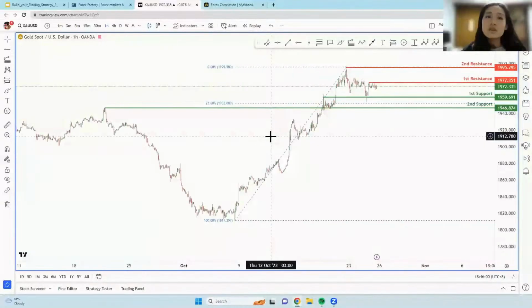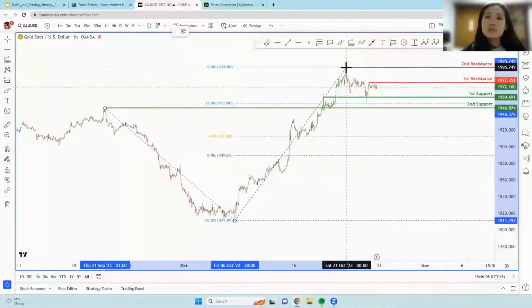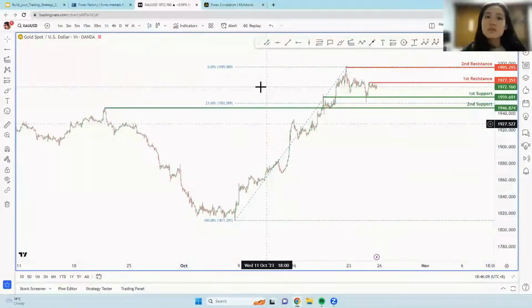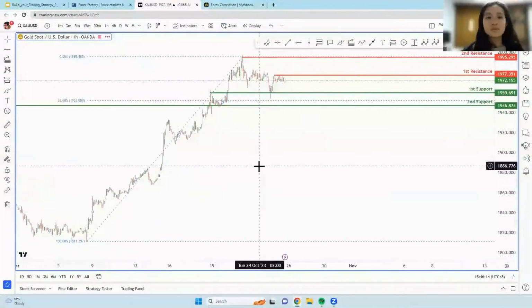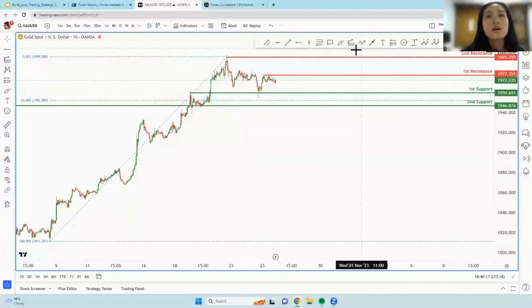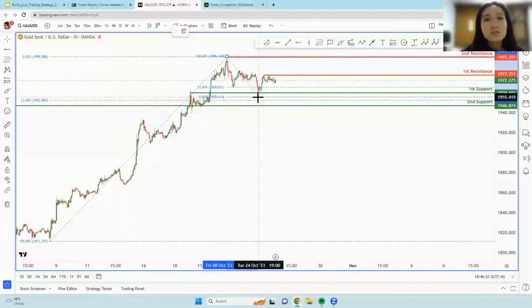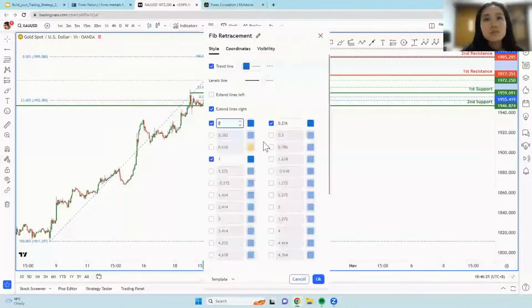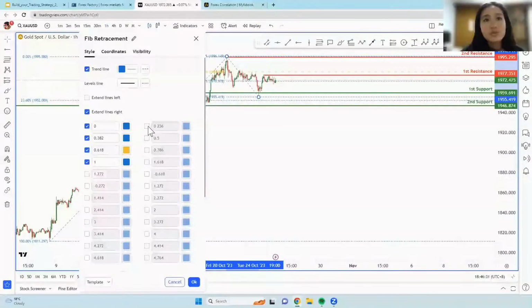Okay, I'm looking for a retracement. So for retracement, we use these 5 levels. Okay, and I can see my 50% lines up with my first resistance.